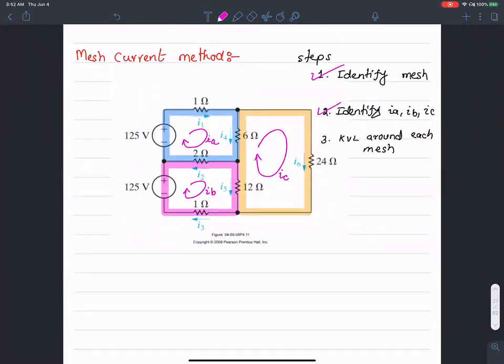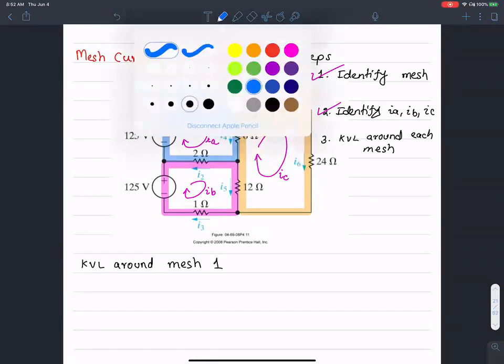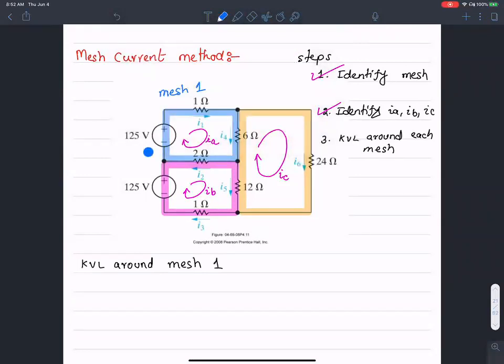That's step 2 done. Then what? KVL around mesh 1, which is this one. So this is all mesh 1. We start from the middle left node, right underneath our very first voltage supply, and work our way around mesh 1.